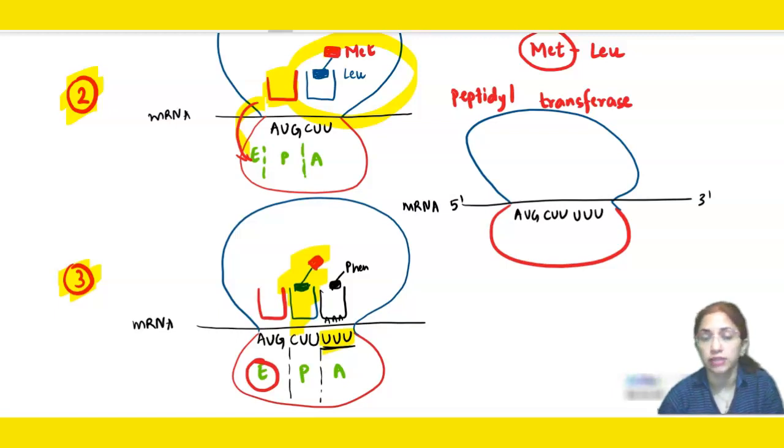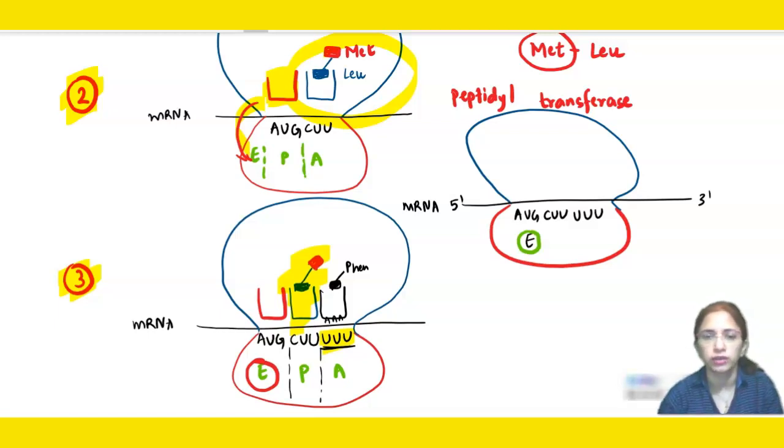Remember, in the next step we will not show the transfer RNA on the E site because this is of no use. Once it comes to the E site, E means exit. From there the transfer RNA will be freed, it will go into the cytoplasm and it will be available for the next round of the translation process.